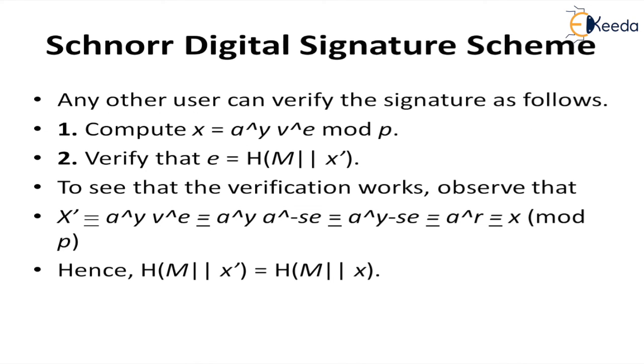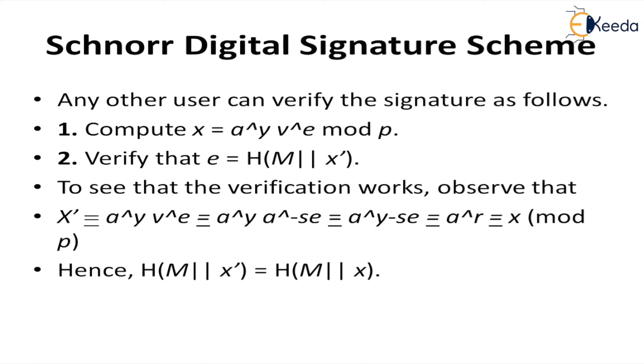Any other user can verify the signature as follows. Compute first x' = a^y v^e mod p. Verify that e = H(m, x').